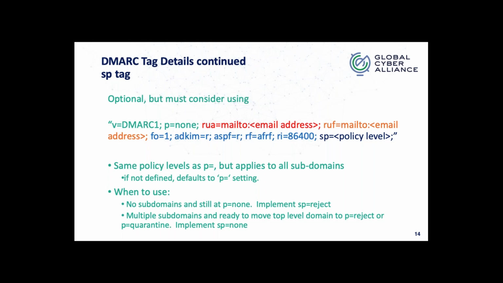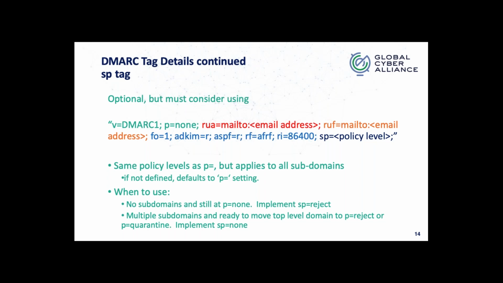So why should you consider using this? There's a few reasons. One could be where you've looked at it and you say, okay, we actually have no subdomains that are being publicly used. Or you could say that we do have subdomains for public use, but none of them are used for email purposes. But we're still working on our top level domain, and we're still trying to protect that top level domain because we're still at P equals none.